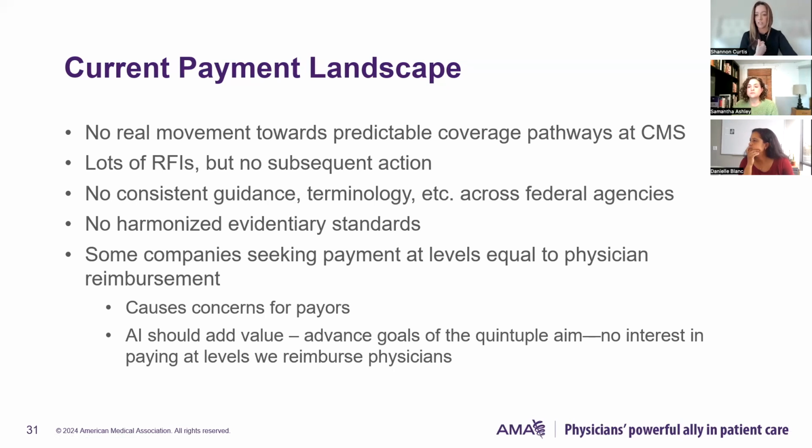So looking at things like reducing healthcare costs, doing it better, faster, stronger. If it's not doing those things, the interest in paying for it is going to be less, and there's certainly not going to be interest in paying for it at levels that might be equal to what they can pay a physician to do it, because that just takes the value proposition away from doing so. So those are kind of just a nutshell of what we're seeing right now.